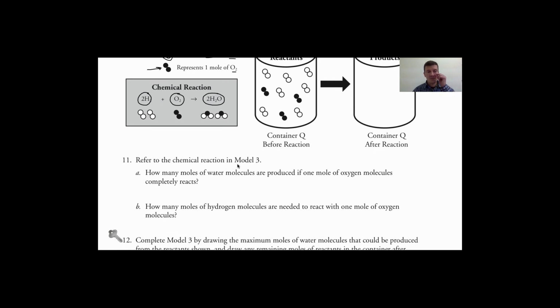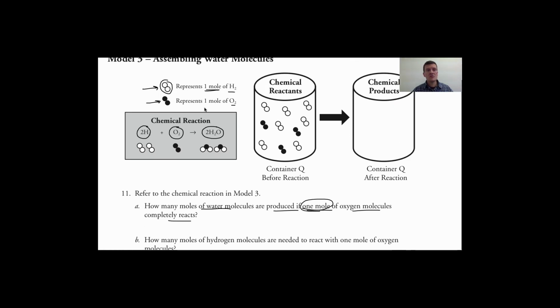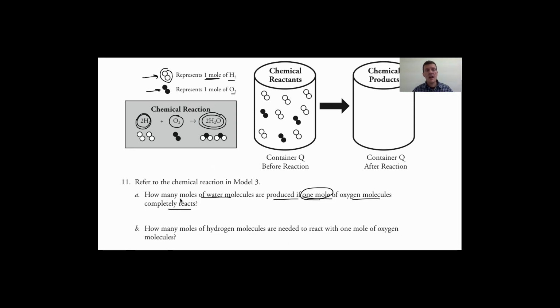Refer to the chemical reaction in Model 3. How many moles of water molecules are produced if 1 mole of oxygen completely reacts? Just 1 mole of oxygen is going to react with 2 moles of hydrogen to produce 2 moles of water. I assume they're making the point that you've got plenty of hydrogen.